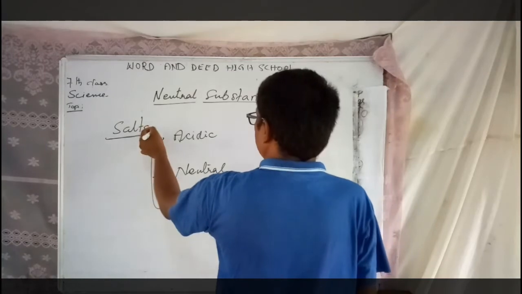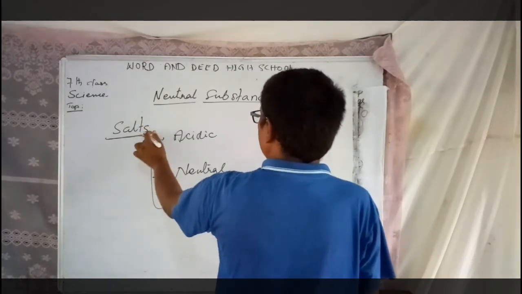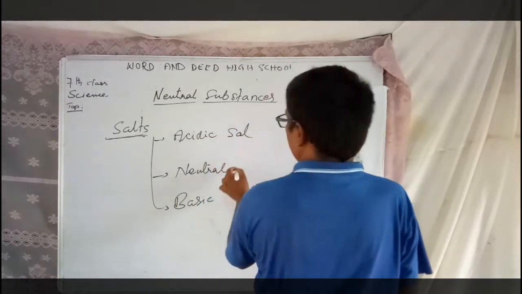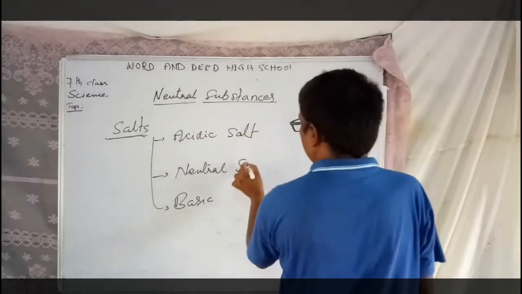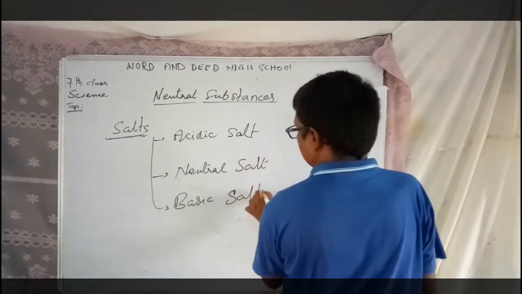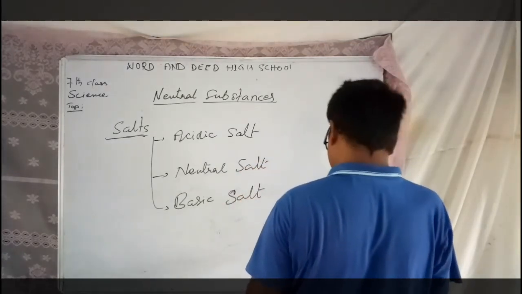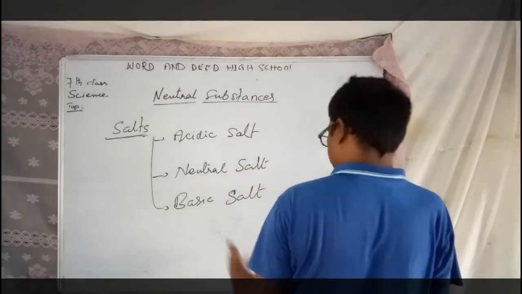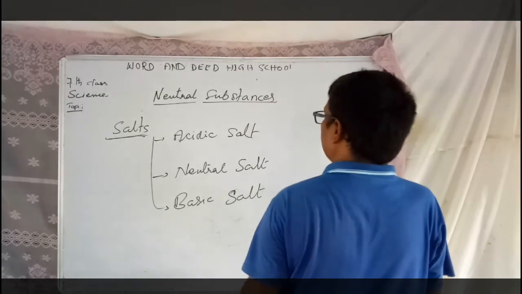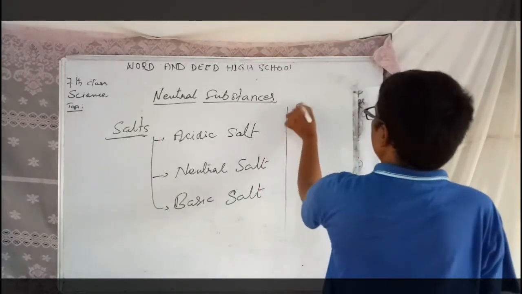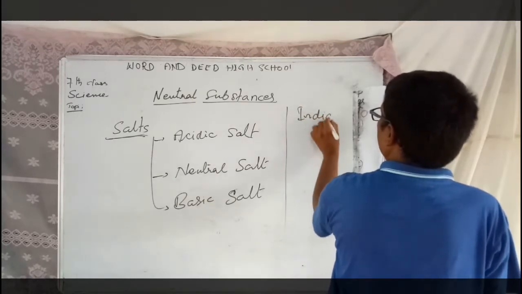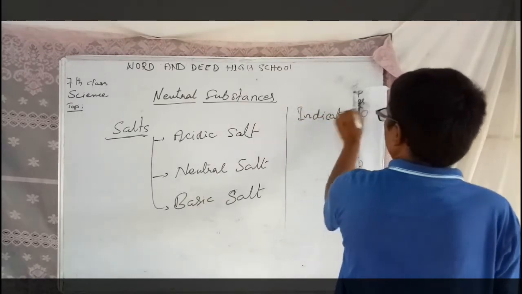Here, how to classify these? How do you test whether it is an acidic salt or a neutral salt or a basic salt? To test the nature of any substance, there are some indicators.